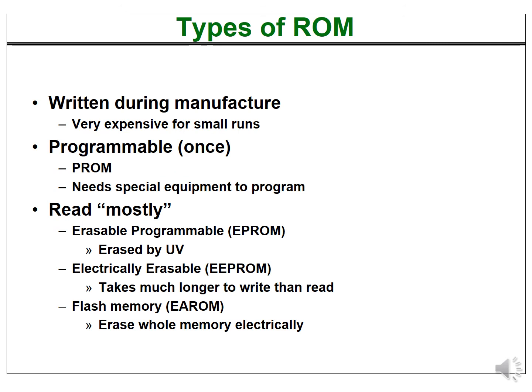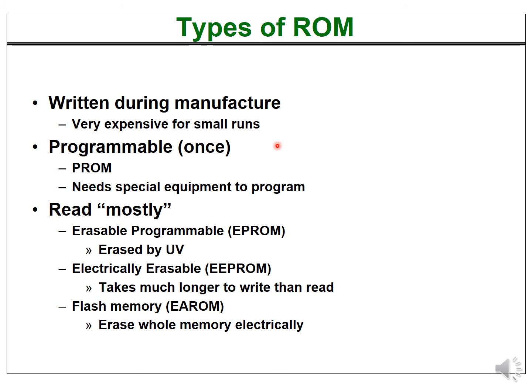Now there are many types of ROMs. We have the simple ROM that is written during the manufacture. Then we have the PROM, programmable read-only memory. This means when the ROM is manufactured, it is manufactured in a blank state.